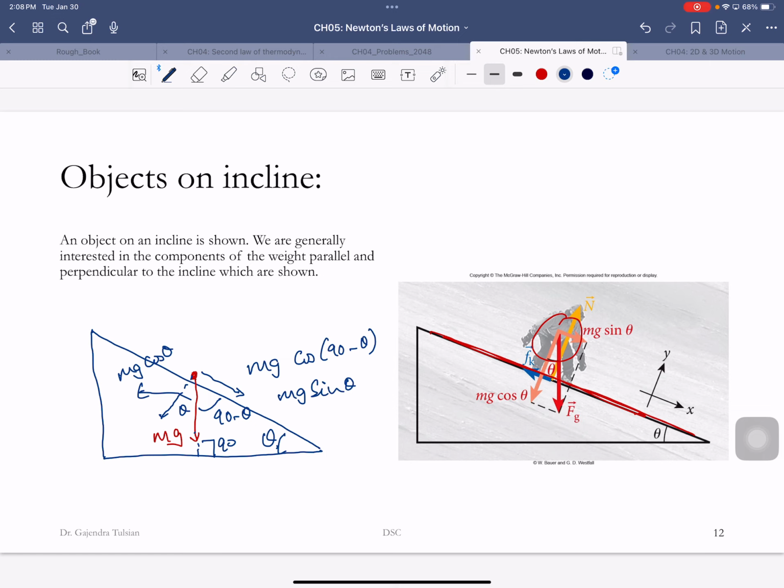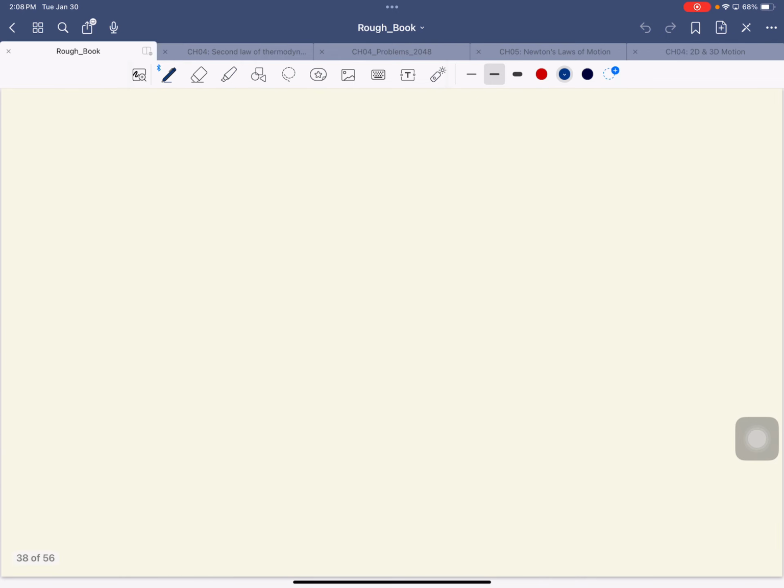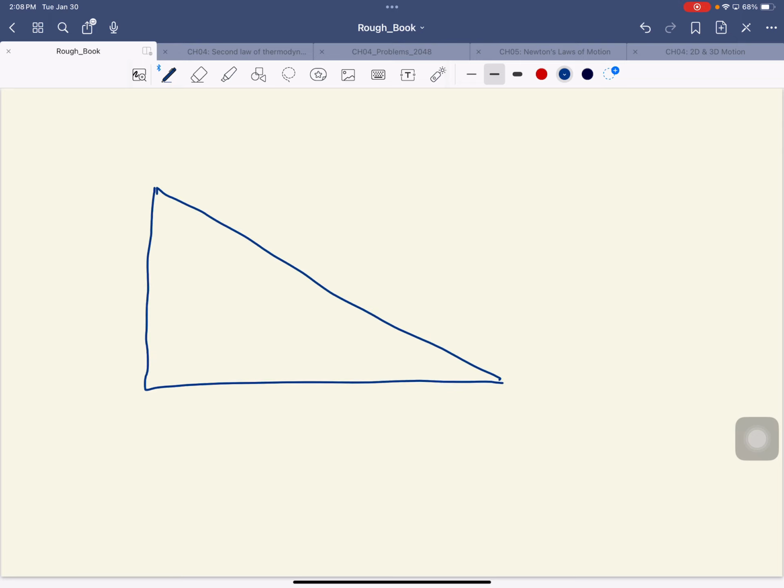All right, I'm going to redraw this. So what we are saying is the following. You put an object on an incline. Here is the force of gravity. This component of gravity is mg sine theta, and this component of gravity is mg cosine theta. And these are the two most useful components.